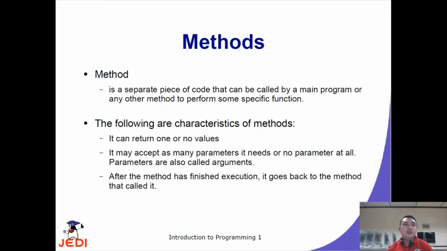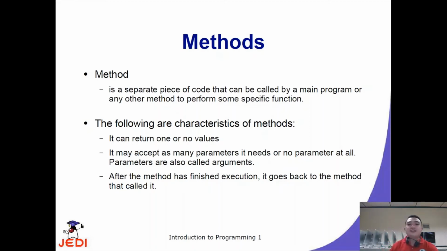The following are the characteristics of a method. I want you to remember this. First, it can return one or no values at all. It may accept as many parameters as needed or no parameters at all.